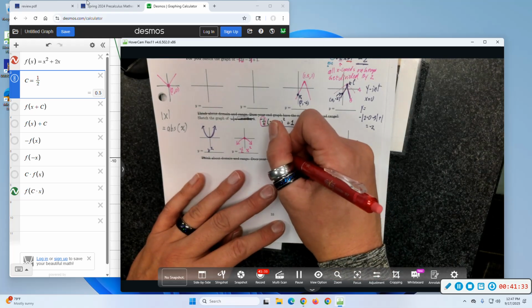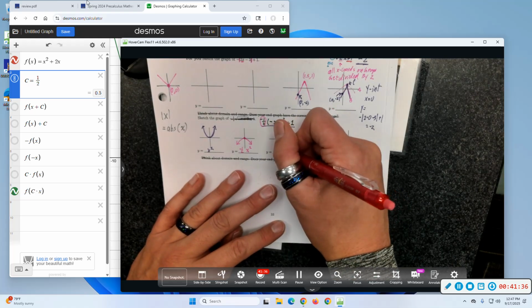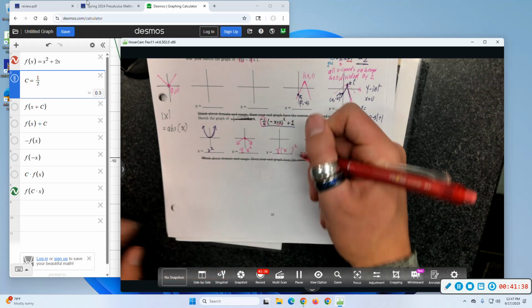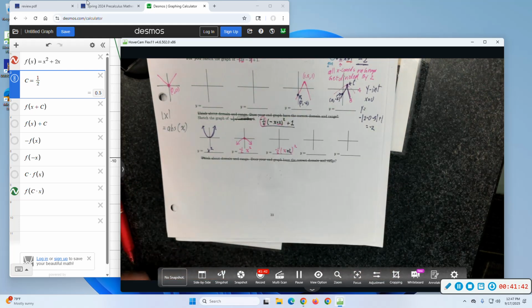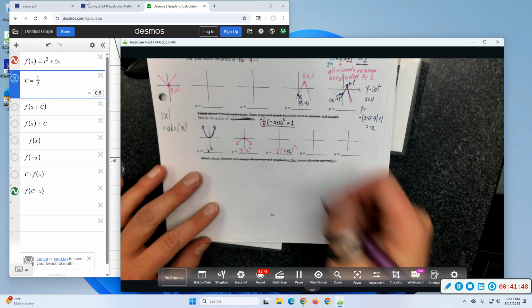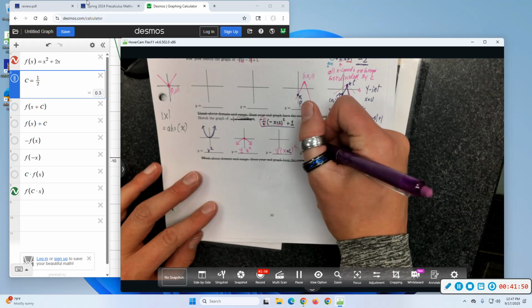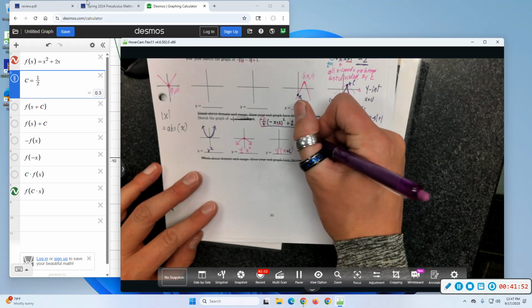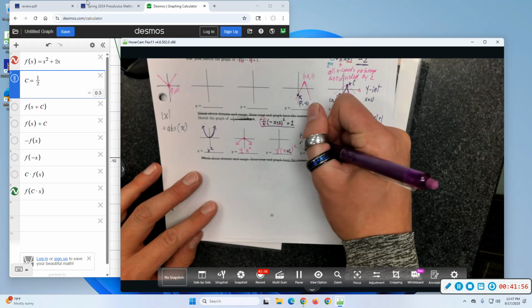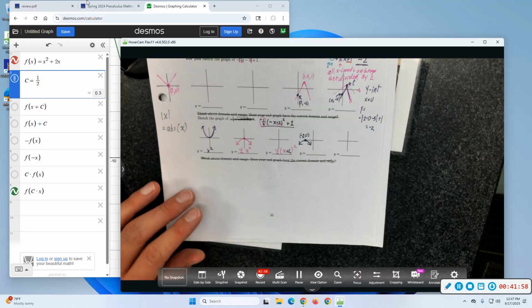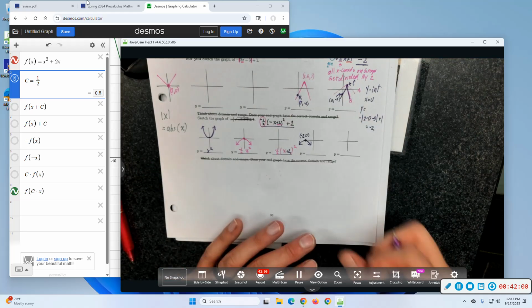So I still have the negative 1/2. It's still x squared, but now I've stuck a plus 2 in the graph. What's that do to the graph? Left by 2. Very good. All right, what next?